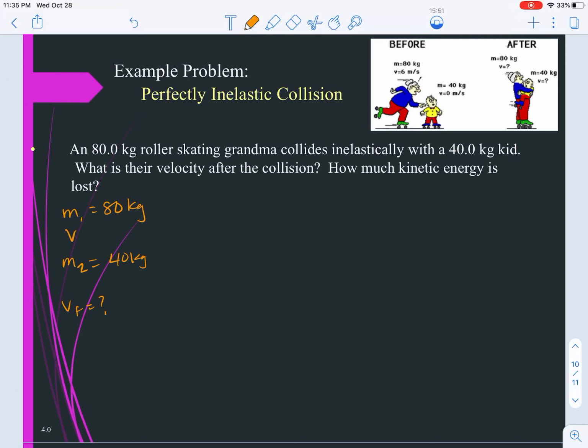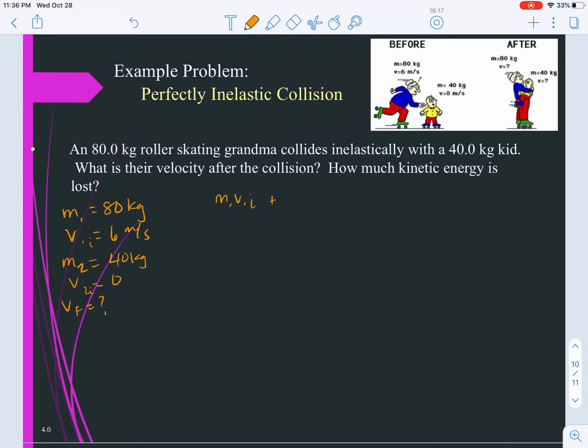So you can see from the picture that the velocity of grandma is 6 meters per second, and the velocity of the boy is 0. Once again, they told us that he had a velocity of 0. And these would be their initials. And we are looking for the final.